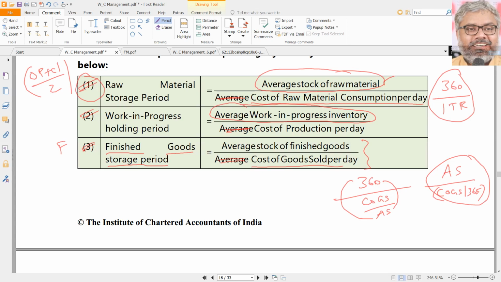But the denominator changes. For the raw material storage period, the denominator is cost of the raw material consumption per day. Whereas for the work in progress holding period, the denominator is cost of production per day. For the finished goods storage period, it is cost of goods sold per day.